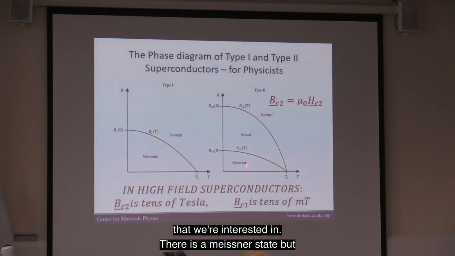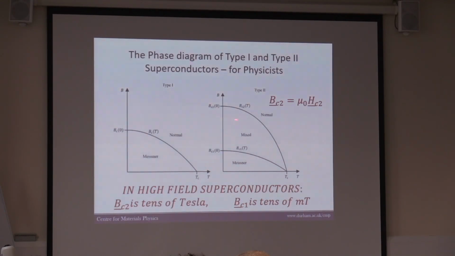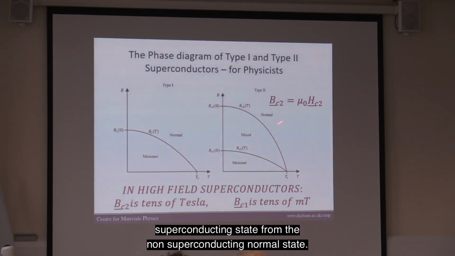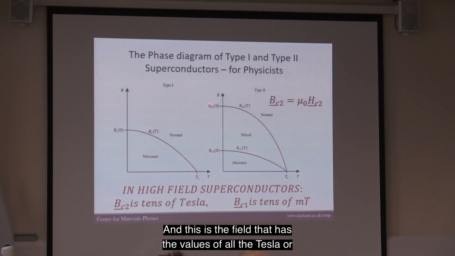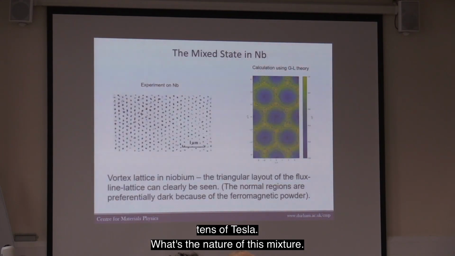There is a Meissner state, but it's at very low fields. The lower critical field delineates the Meissner state from the mixed state. This is the upper critical field. This delineates the mixed superconducting state from the non-superconducting normal state, and this is the field that has values of order Tesla or tens of Tesla.